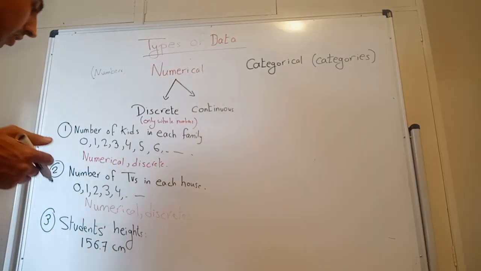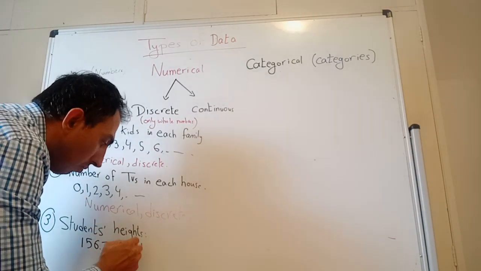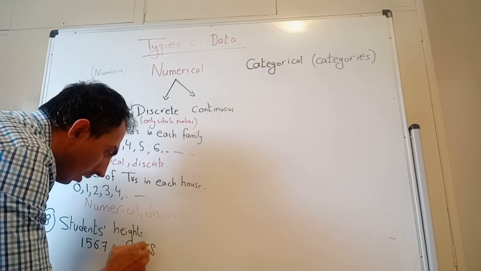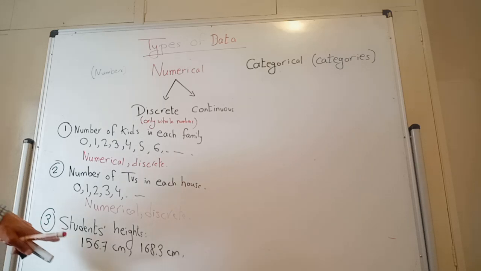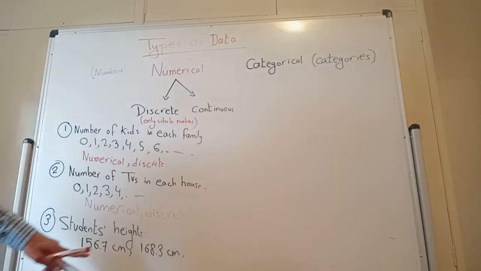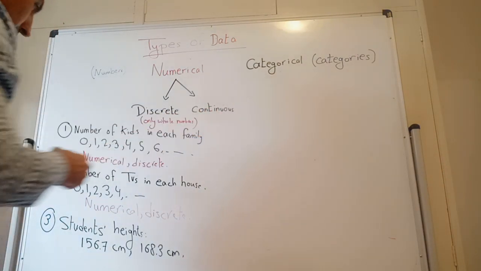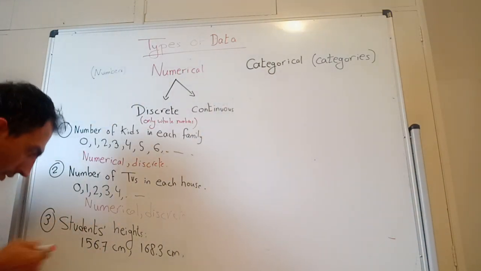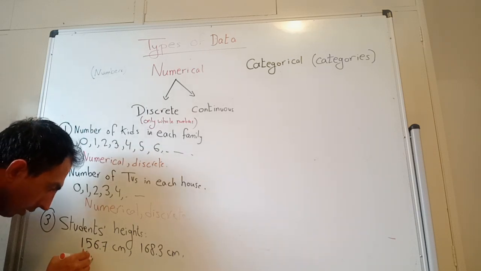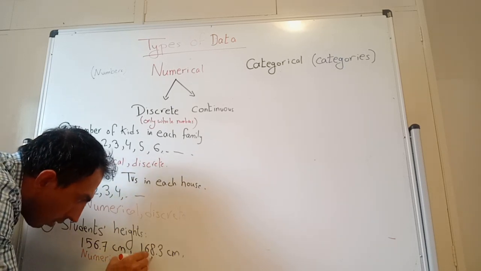It can be something real when it comes to heights. I can have 168.3 centimeters. It is okay. So as you see, the student's height accepts decimal numbers like this. So this is called continuous. Okay? Numerical continuous.